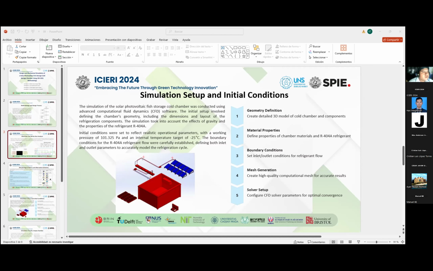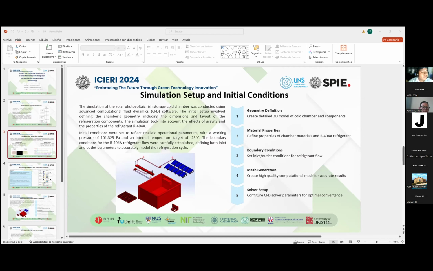One, geometry definition: create a detailed 3D model of the cold chamber and components. Two, material properties: define properties of chamber materials and air. Three, boundary conditions: set inlet and outlet conditions for refrigerant flow.